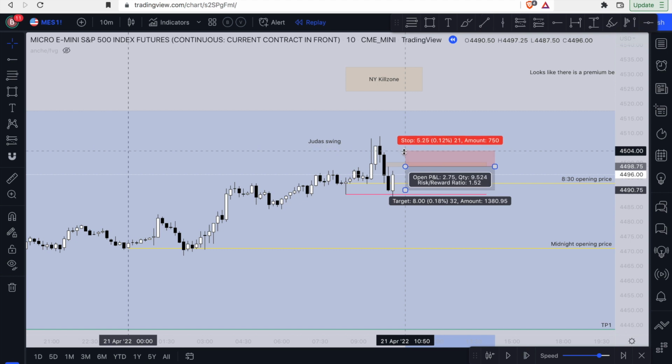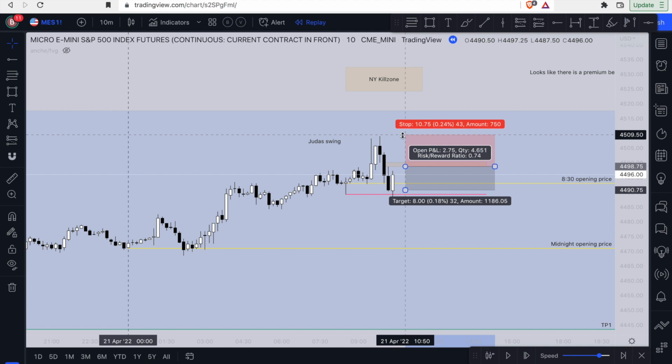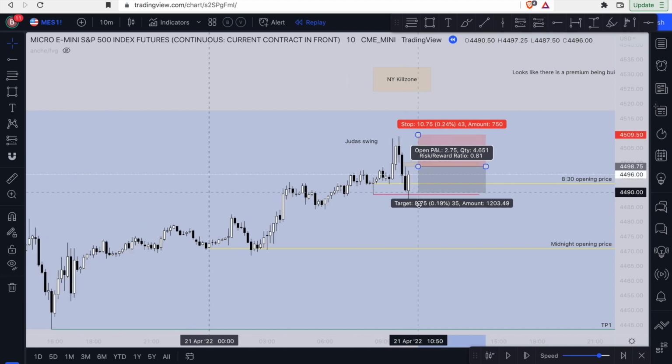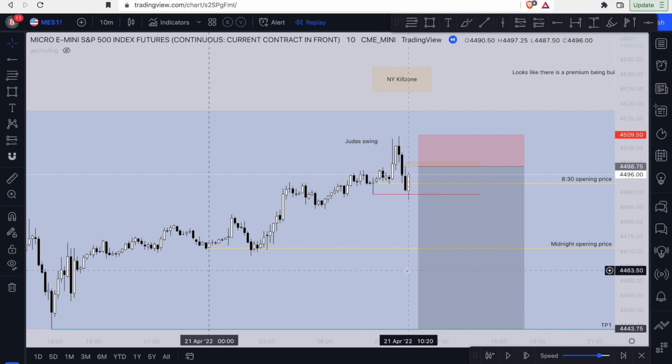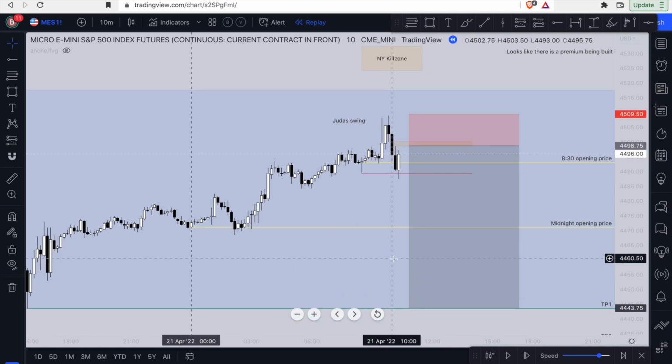You put your stop loss above the fair value gap or the recent swing high. We're targeting, this could be our first target. And that's already a 5-hour trade, so honestly that would be enough for me. And now we can just watch it play out.